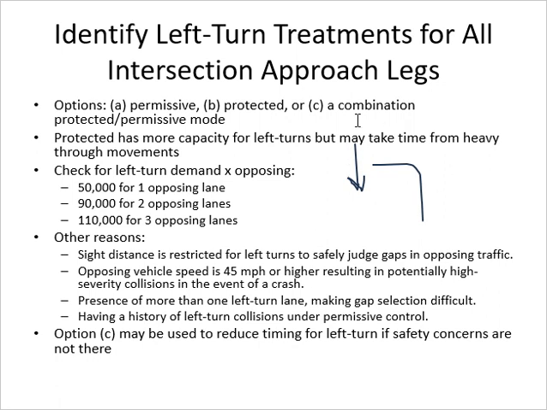The opposing vehicle is coming at very high speed, very high meaning 45 miles per hour or more. In that case, to avoid the severity of the crashes or very severe crashes, we will prefer left turning to be protected. If you have presence of more than one left turning lane, so the number of designated left turning lanes is more than one, then in that case it can become confusing for the drivers, and they may conflict with each other in order to find a gap.